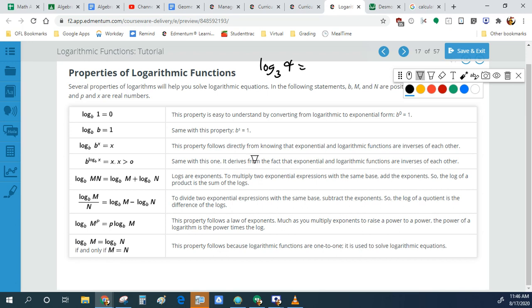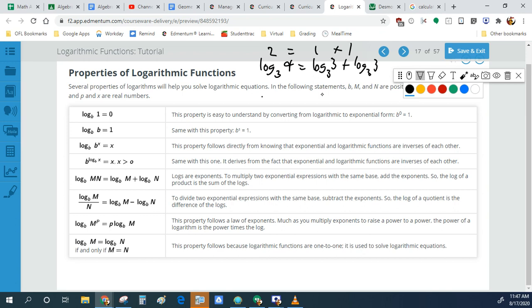This is the same thing as saying log base 3 of 3 plus log base 3 of 3. That makes sense because 3 to the second power is the same thing as 3 to the 1 plus 1. So yes, if you had any doubts, 1 plus 1 does equal 2. But that's basically what this is saying.